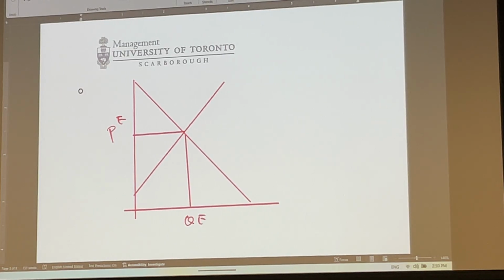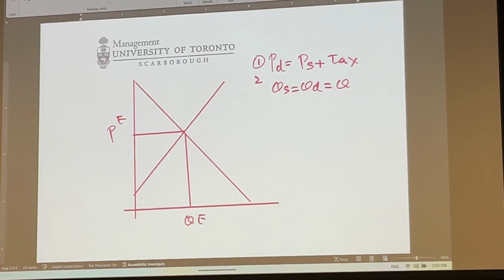If you put the tax, what will happen? The price consumer pay will be what producer gets plus the tax. And the new demand and supply will be equal at that point. So these are the conditions we had for post-tax equilibrium in lecture number 1.